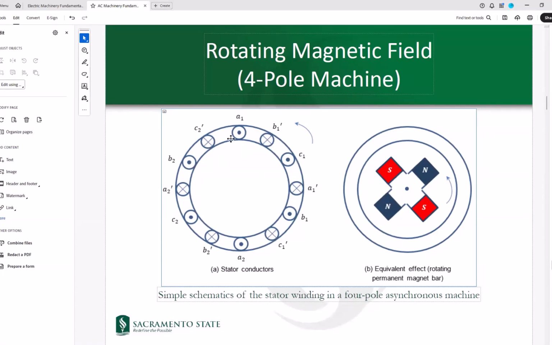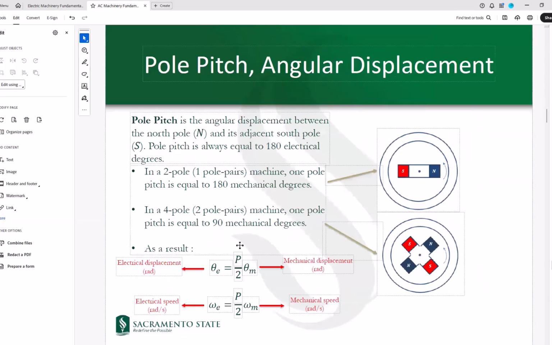So if you have this setup, now it works as if you have a permanent magnet like this rotating at a specific speed, which we call the synchronous speed, or the rotational speed of your rotating magnetic field.